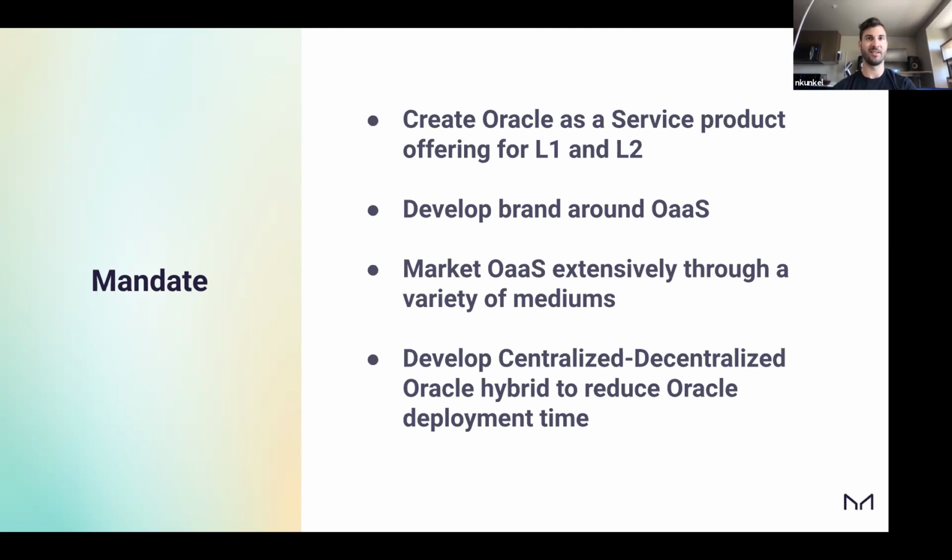So it's getting the customer the Oracle that they want immediately, with the caveat that, hey, it's not really decentralized from the get-go. But if we're being honest, they don't really care.